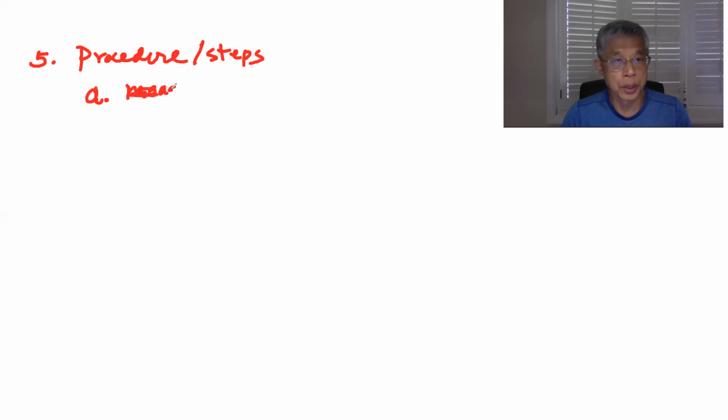And number five, okay, procedure. Or steps, right? So this is your procedure. So I would think that maybe one, or A, you would measure, or you say select, select the location for free fall, right?